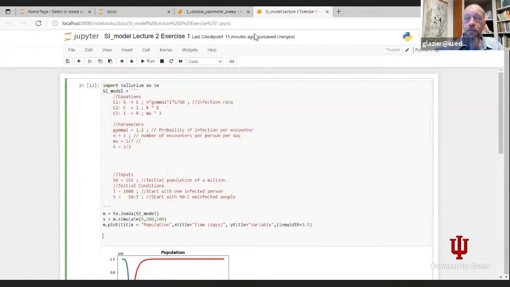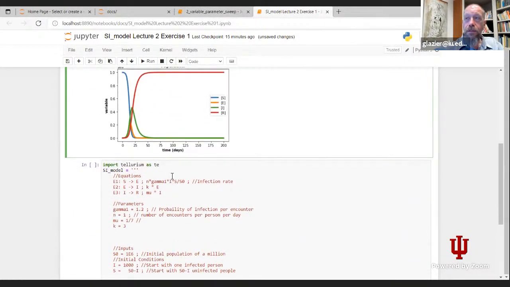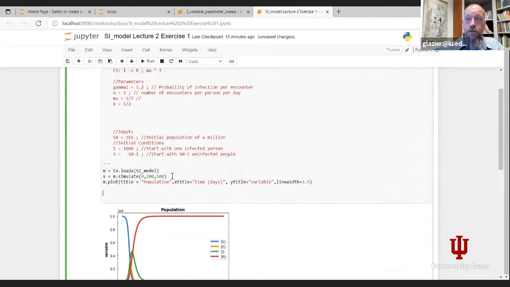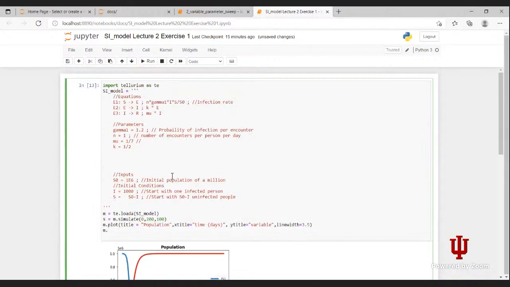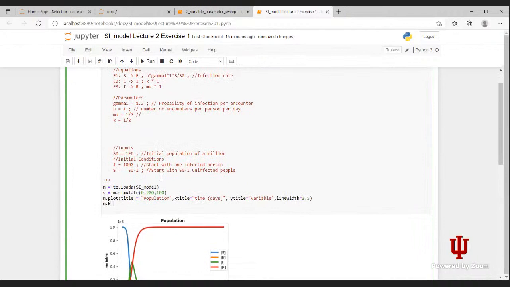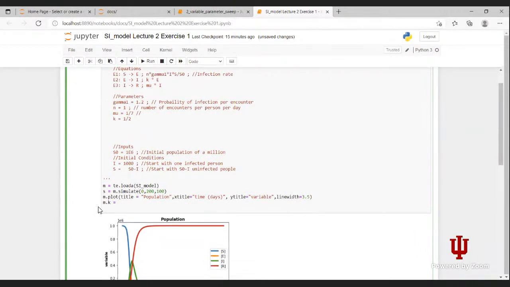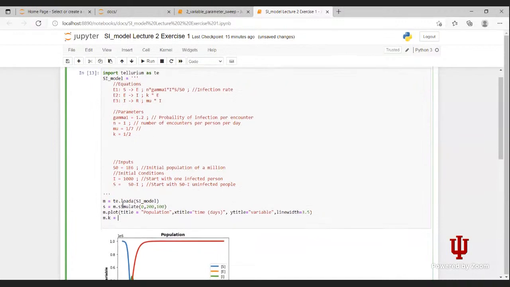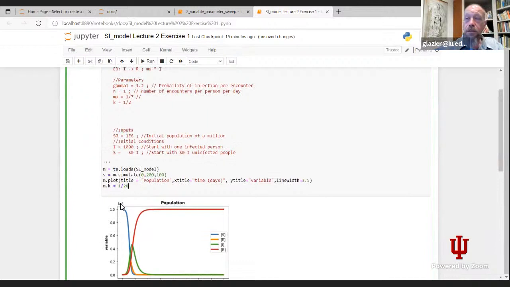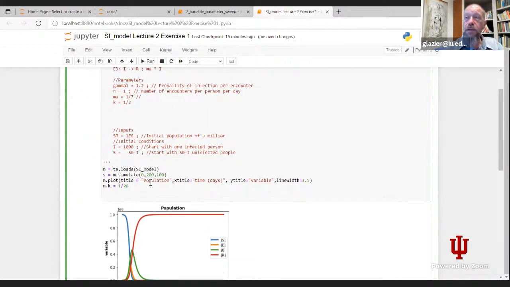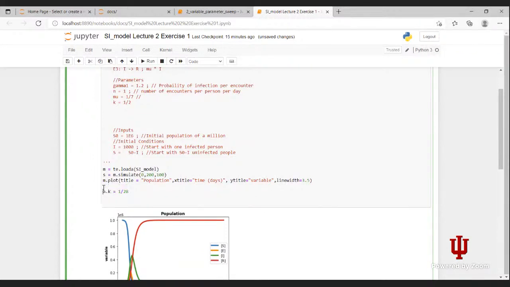How do you change the parameter value in Antimony? m dot, sorry. So you give it the value you want. Okay, that's fine. And then I guess I'll have to reset the values too, right?